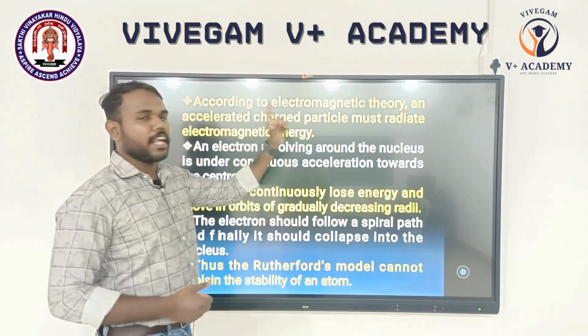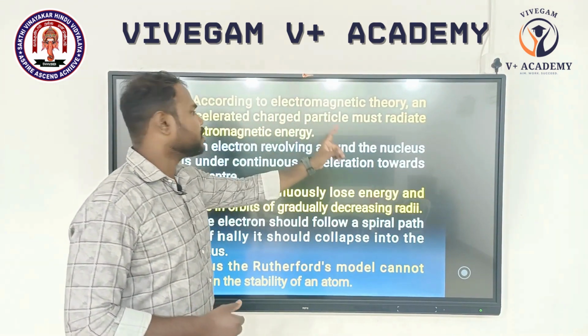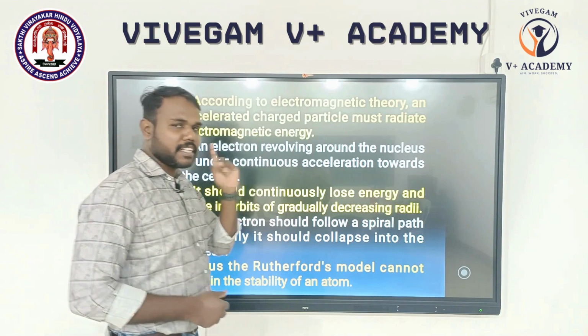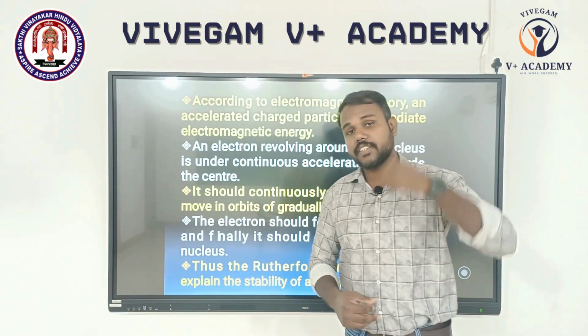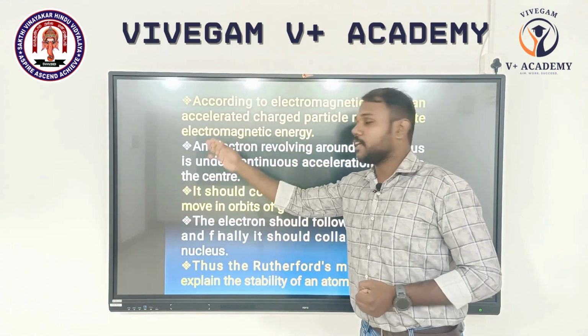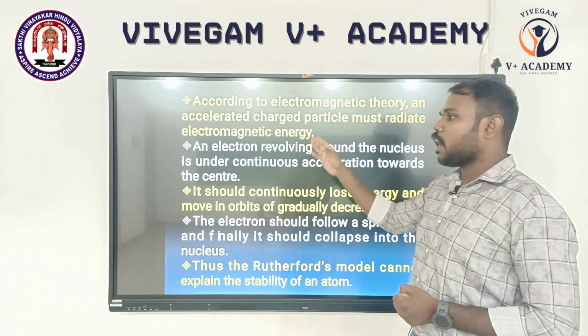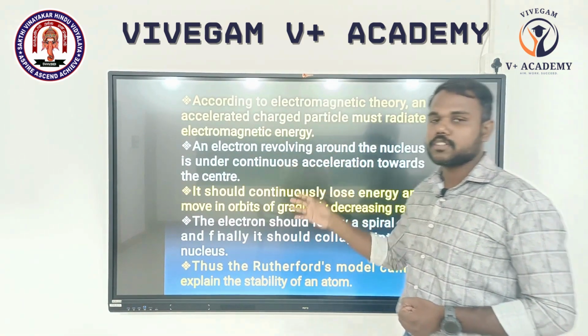According to electromagnetic theory, an accelerated charged particle must radiate electromagnetic energy. This is what we already know pretty well, and this topic will be discussed in the electromagnetic waves chapter. Similarly, an electron revolving around the nucleus is under continuous acceleration towards the center.